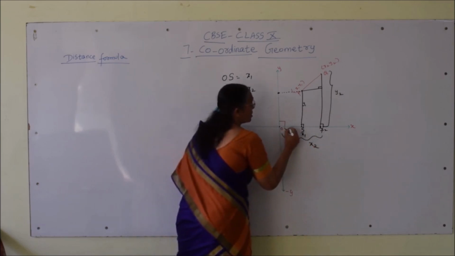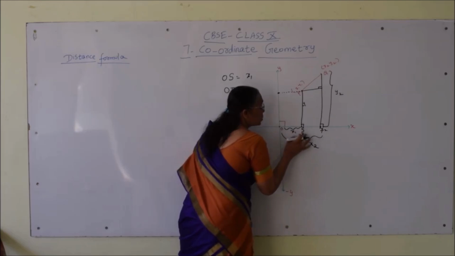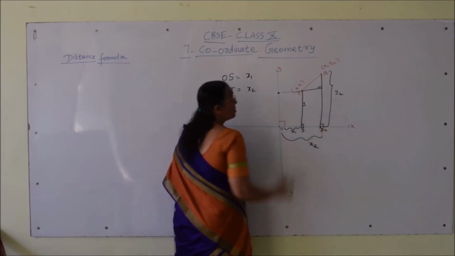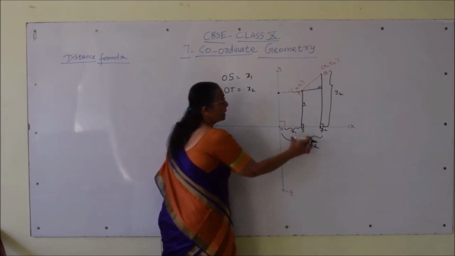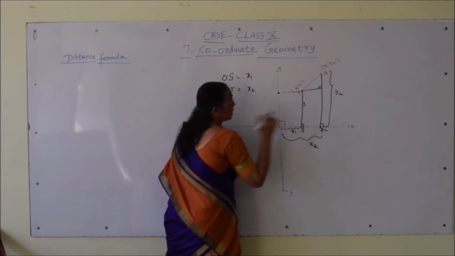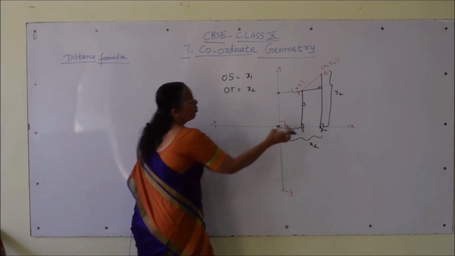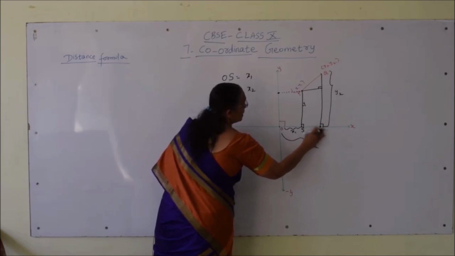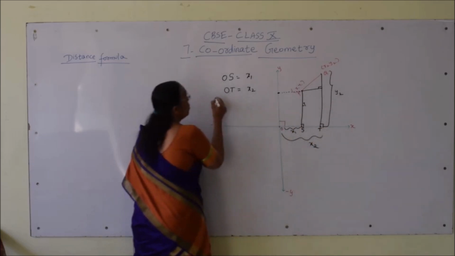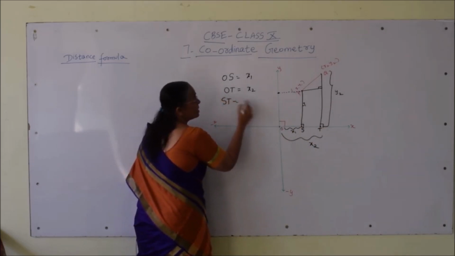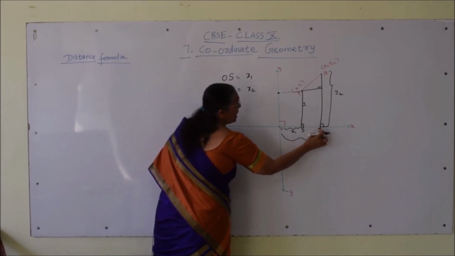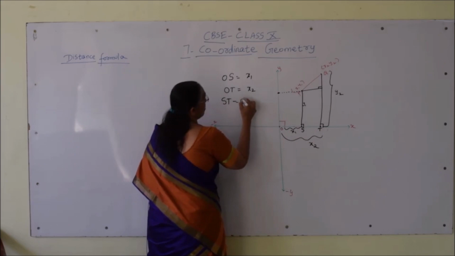If I mark a point as S, it will be x1 comma 0 and T will be x2 comma 0, and the distances are x1 and x2. So what will be the distance ST? Since I marked the distance there, I will write this as only T. Now ST is OT minus OS.